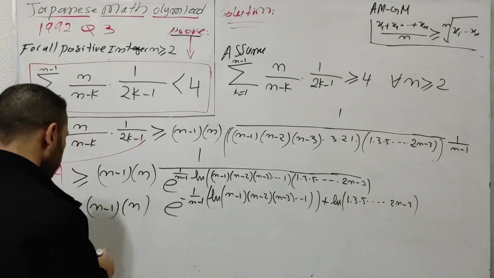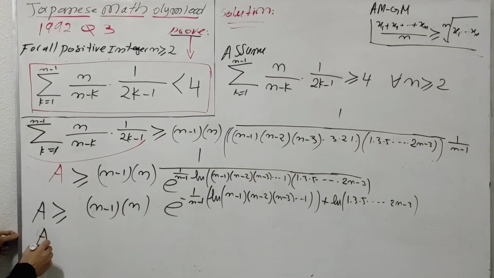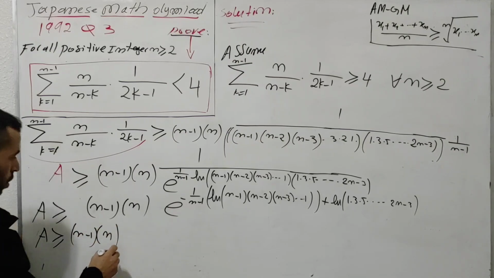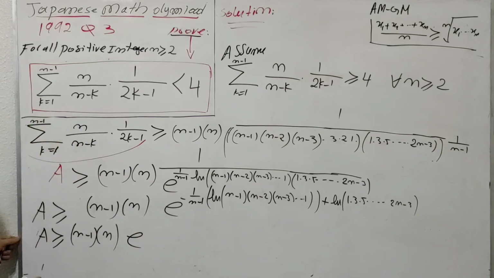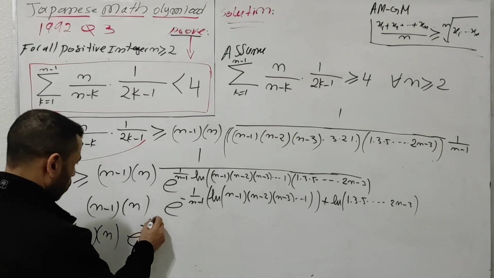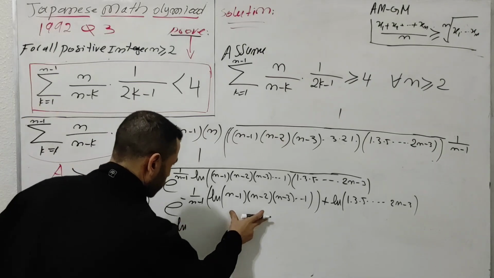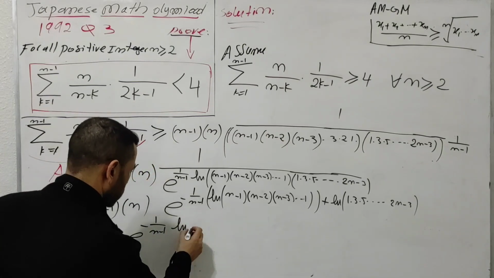Okay, so the capital A is superior or equal to n minus 1 multiplied by n multiplied by e to the minus 1 over n minus 1 of natural log. I'm going to put this one as a product.